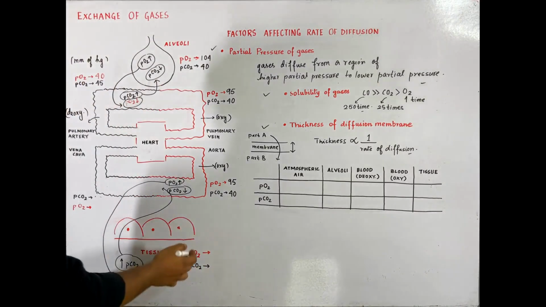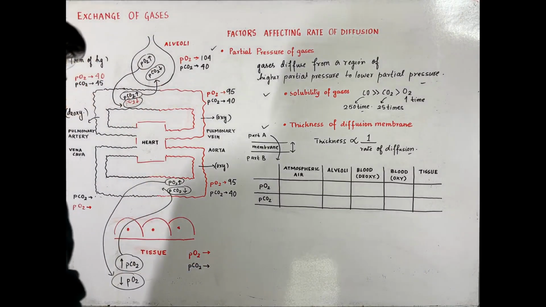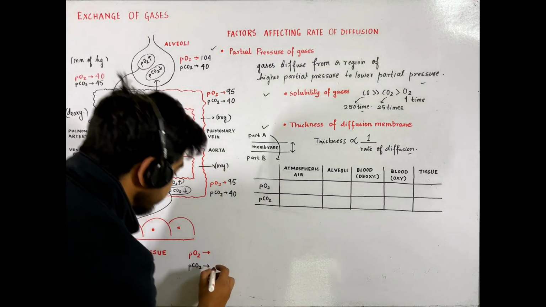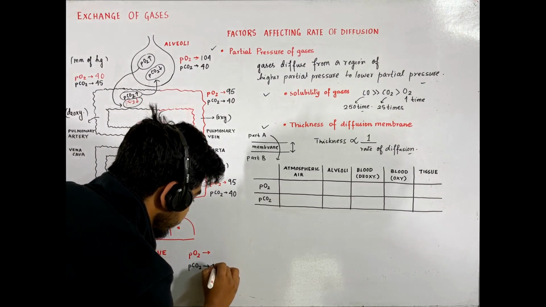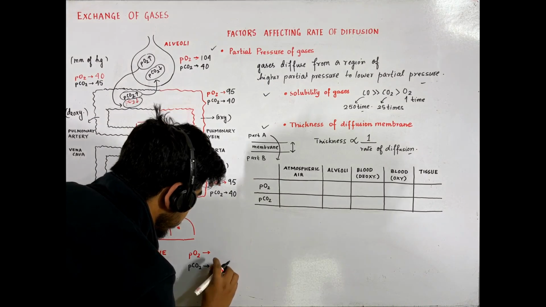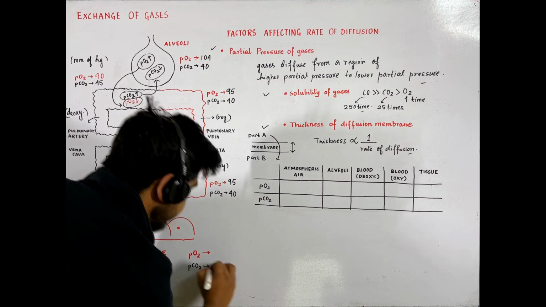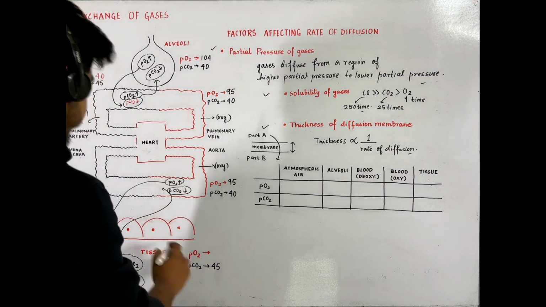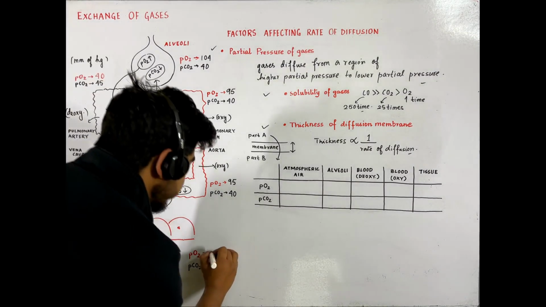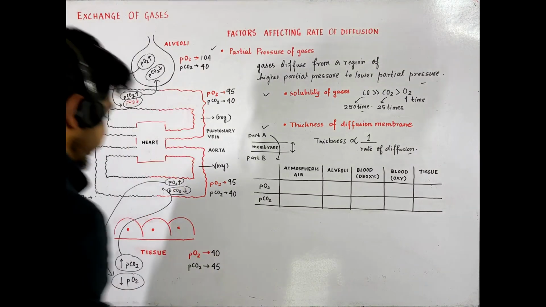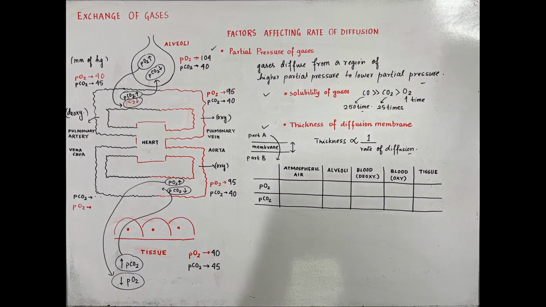Now let's see the partial pressures. In the tissue, the partial pressure of CO2 is 45 and the partial pressure of oxygen is 40.